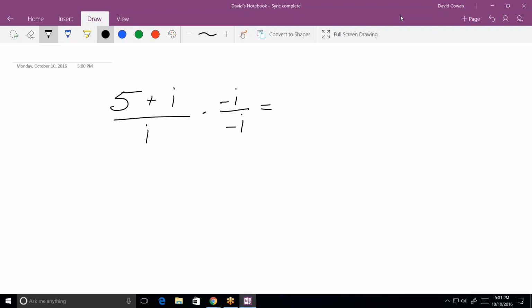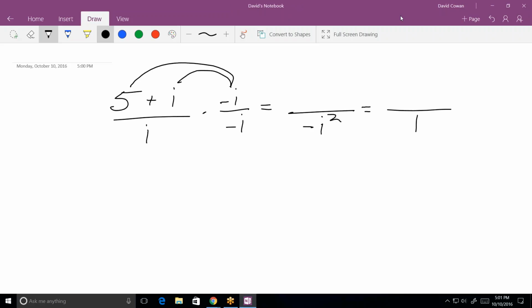Let's finish it. What's the bottom become? Negative i squared, which becomes what? Positive 1. Okay, what's the top become? 5 plus negative i squared, which becomes... Hold on. You have to multiply that by that, and you have to multiply that by that.